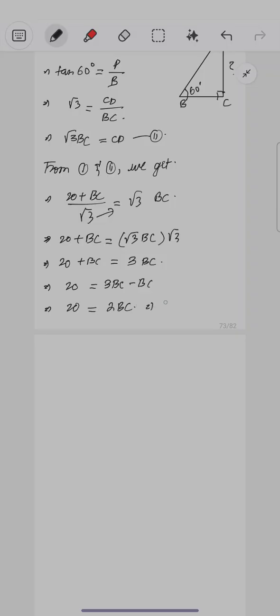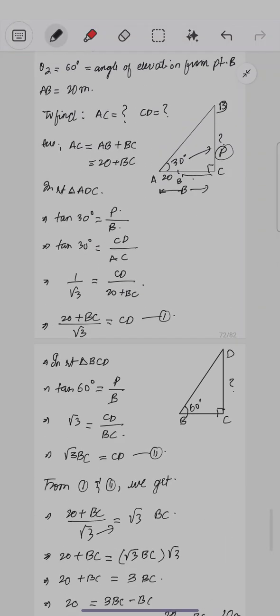This implies 20 by 2 equal to BC, which is 10 meter. So BC is 10 meter.